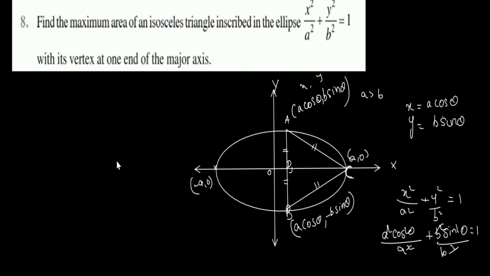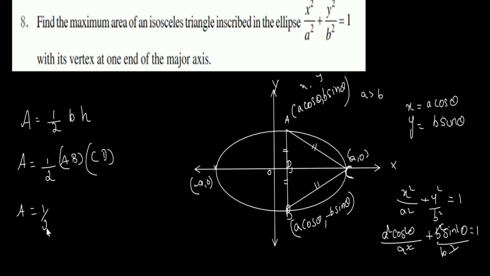Now let us find the area of the triangle. The area of the triangle ABC is half base into height. The base is AB and the height is CD. So it is half AB. What is the length of AB?